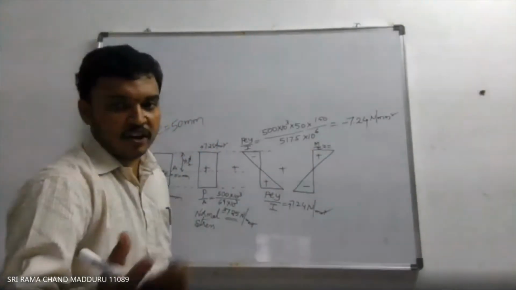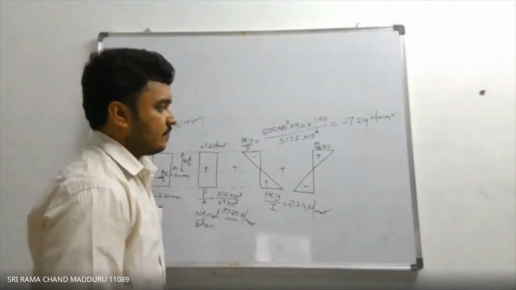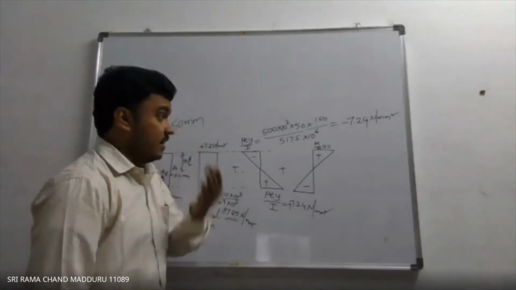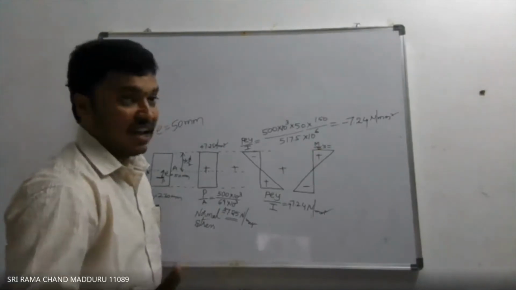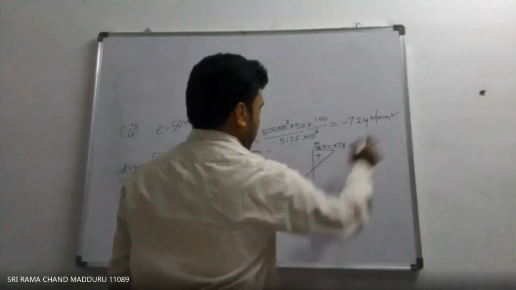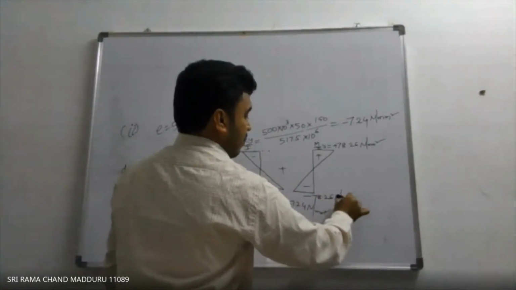M you have already calculated, 270 into 10 power 6, into 150 by 517.5 into 10 power 6. The value is 78.26 Newton per mm square. This is minus 78.26 Newton per mm square at the top.